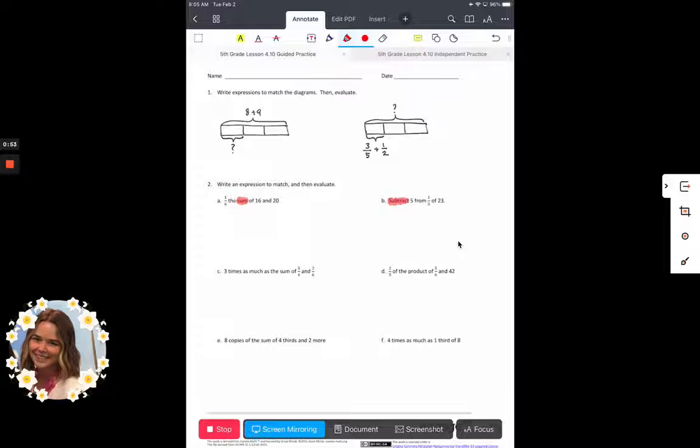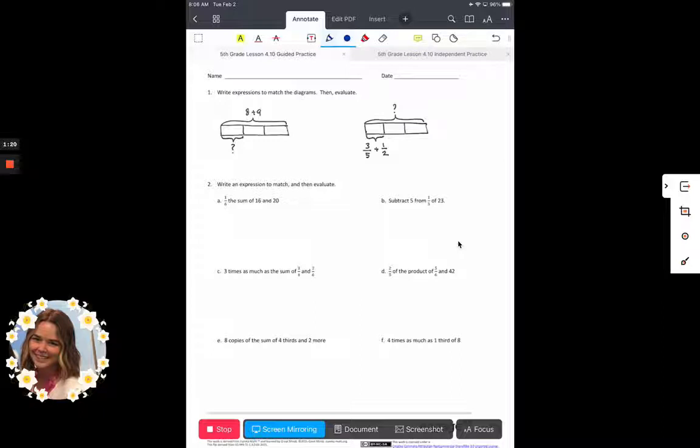When we see things like 3 times as much or times as much, means we're going to be multiplying. When we see words like product, we're going to be multiplying. We'll see things maybe like copies, and that'll also mean multiplying. So we want to make sure that we're paying close attention to the words that we see.